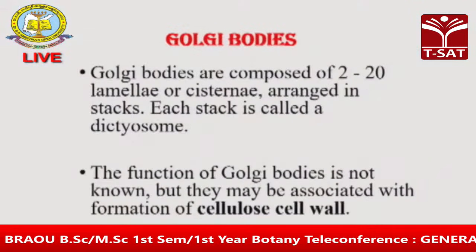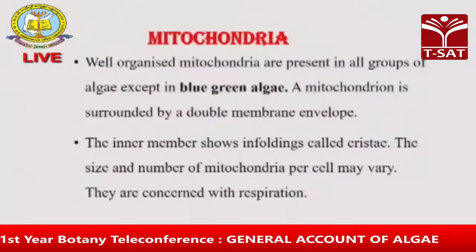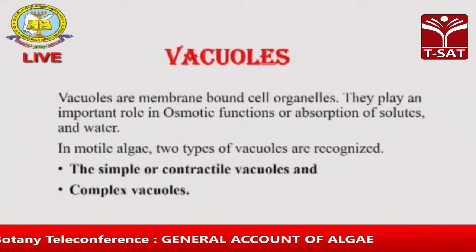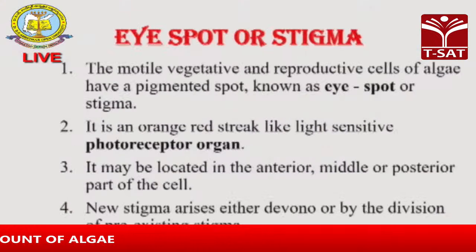The Golgi bodies are very important components, and besides that mitochondria. In blue-green algae, as I told you, they are prokaryotic in nature. The vacuoles are there, both simple contractile vacuoles as well as complex vacuoles.